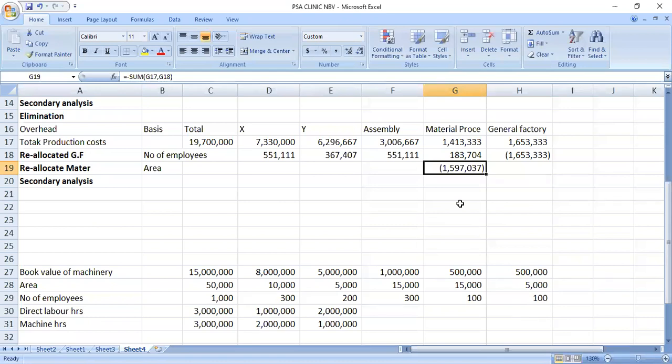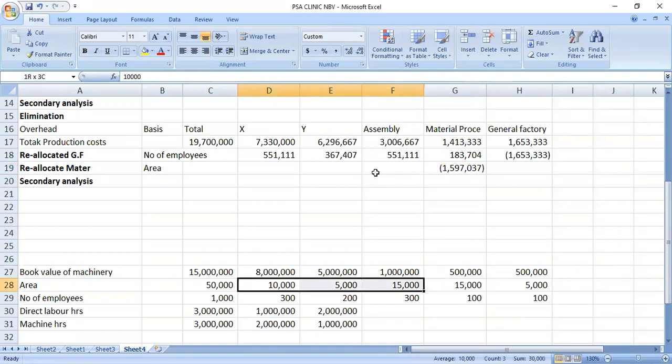That's why it's negative. Okay, and I'm saying the only beneficiaries are assembly and X and Y, but we're using area to distribute. So come to your area and get the totals for only the participants. It is 30,000.